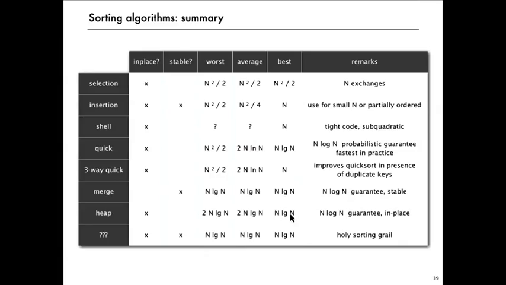This is not a trivial result, but it's also the case. So it's n log n guarantee in place, but it's not stable, and we still have the hope that someday somebody will develop a simple, in-place, stable, worst-case n log n algorithm, but we're not quite there yet. And that completes our treatment of sorting algorithms with the Heapsort algorithm.